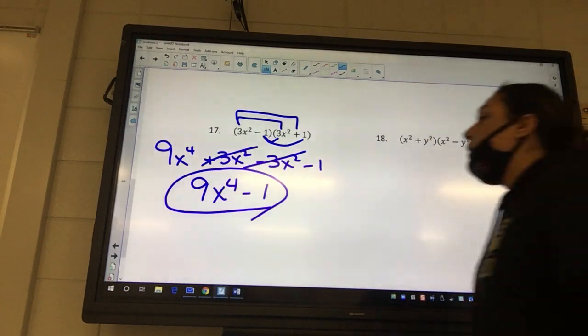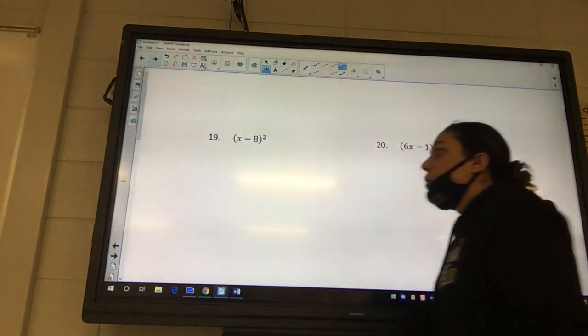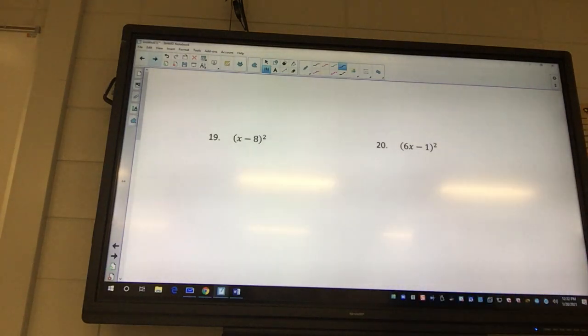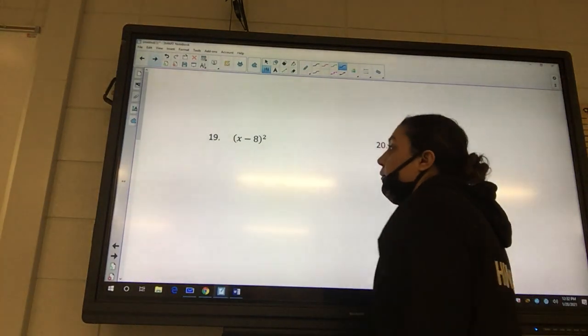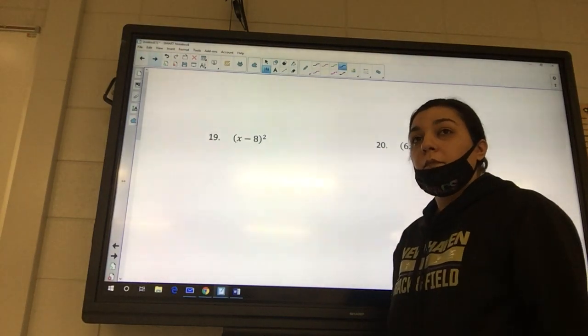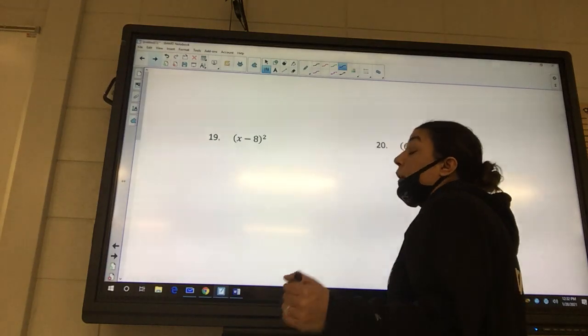What does squared mean? It means multiply by itself. So what do you do with 19? You multiply it by itself. It's a square, there's no square root.